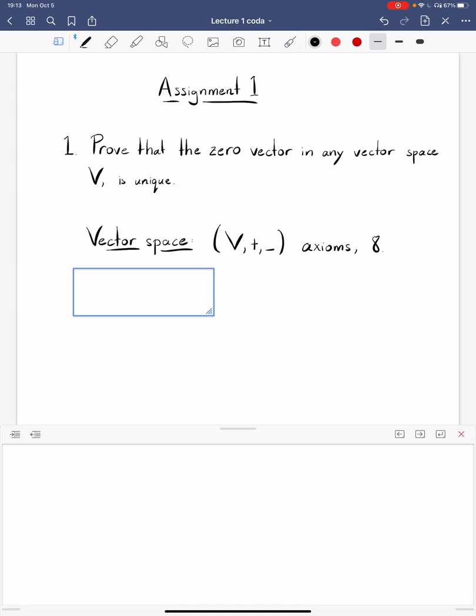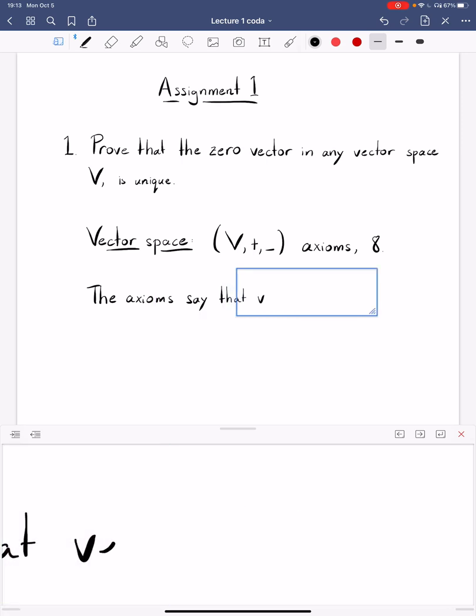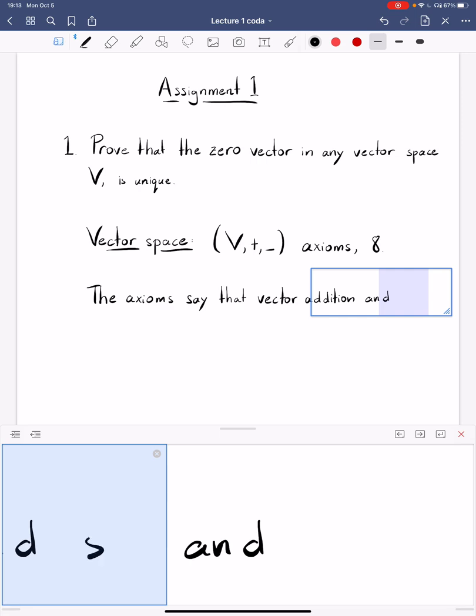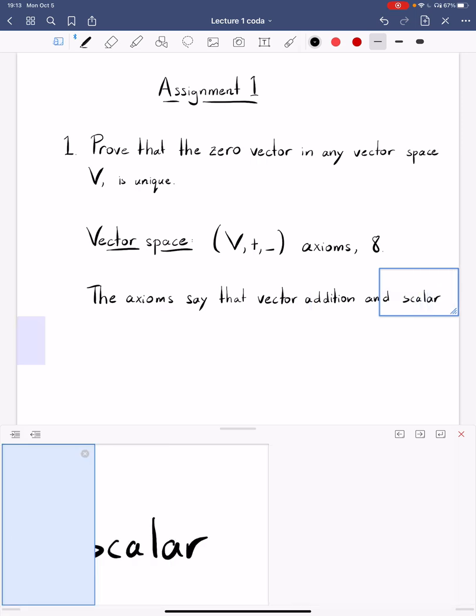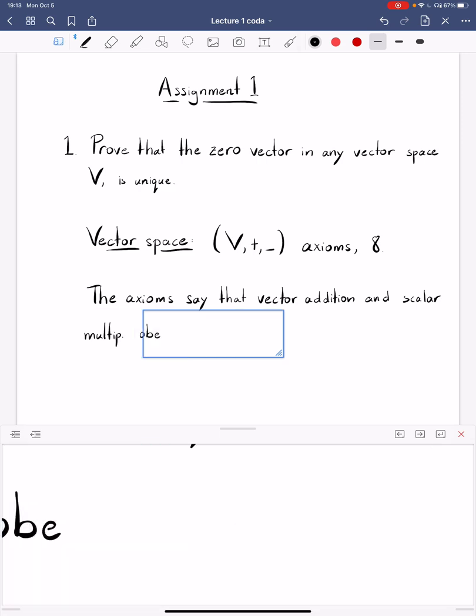But it's certainly important to understand what those axioms say. But if you're just thinking about this as a human being, basically the axioms say that vector addition and scalar multiplication obey the usual rules of algebra.